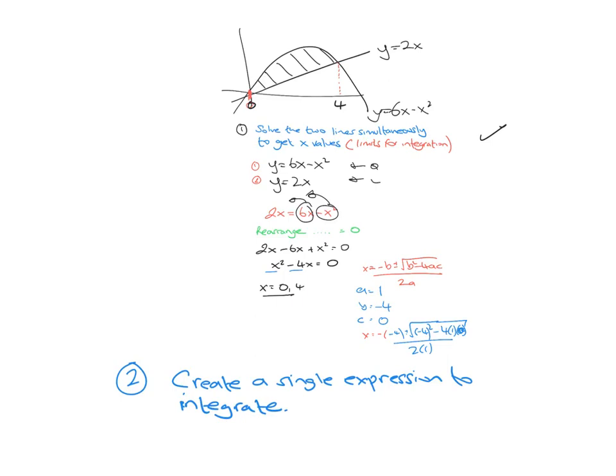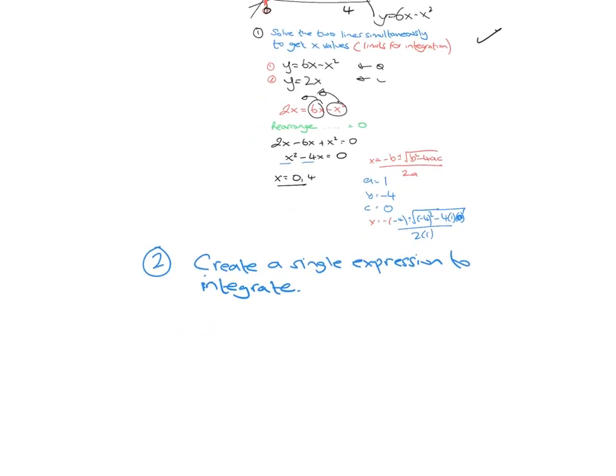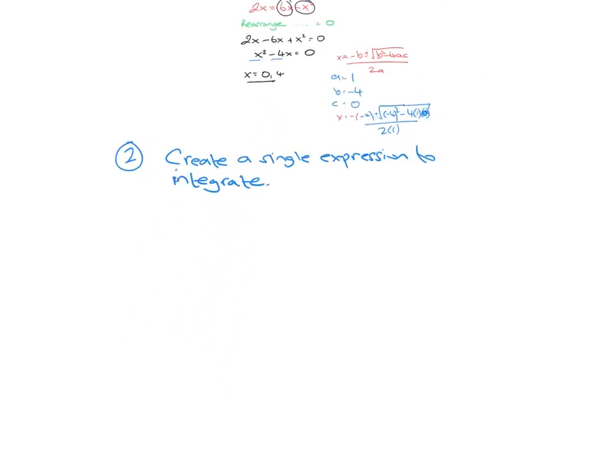We could integrate the 6x minus x squared between 4 and 0, and then integrate the 2x between 4 and 0 and subtract them. But we will create a new expression by taking the top part of the shaded region minus the bottom part of the shaded region.